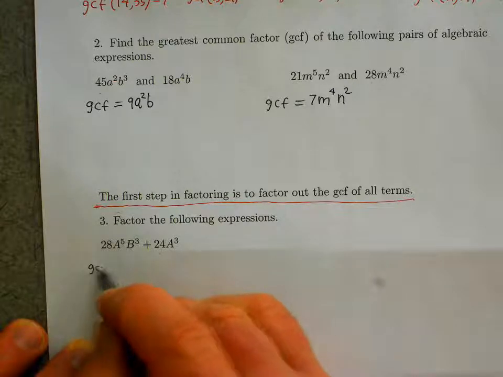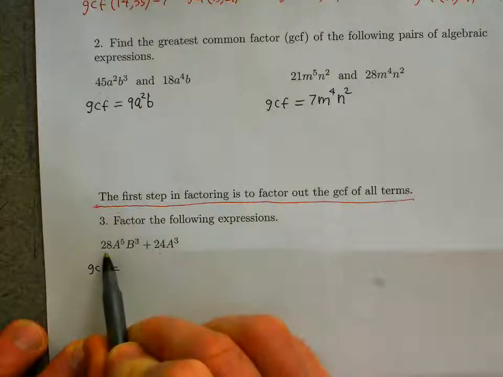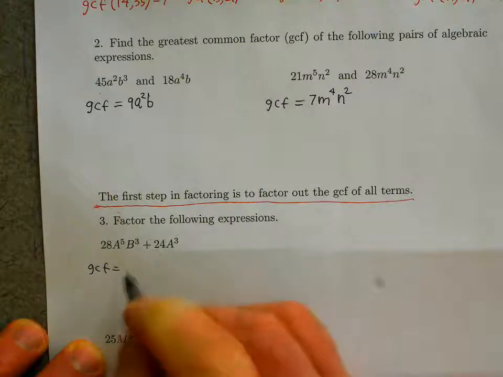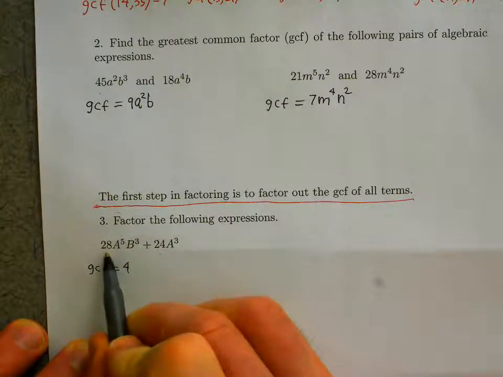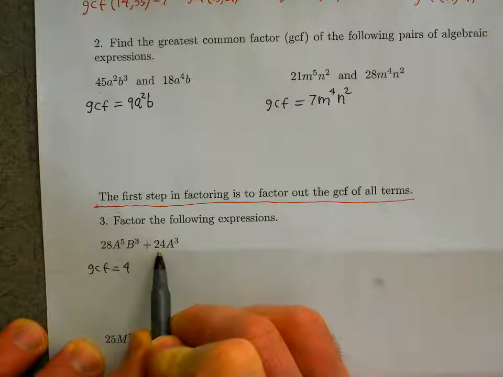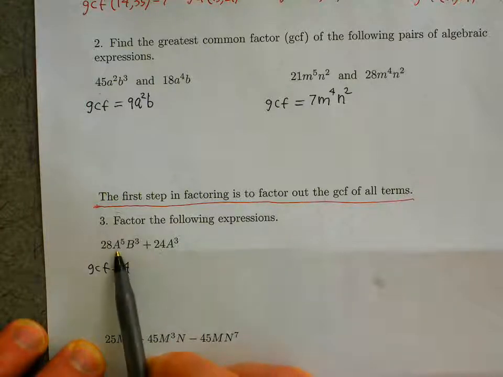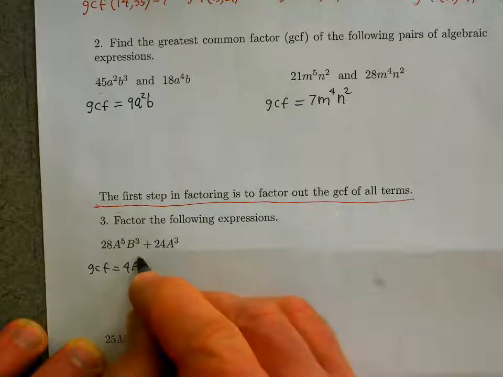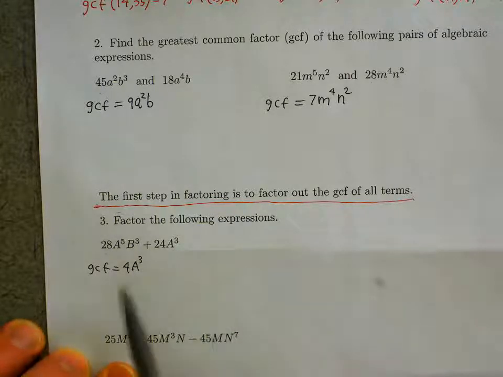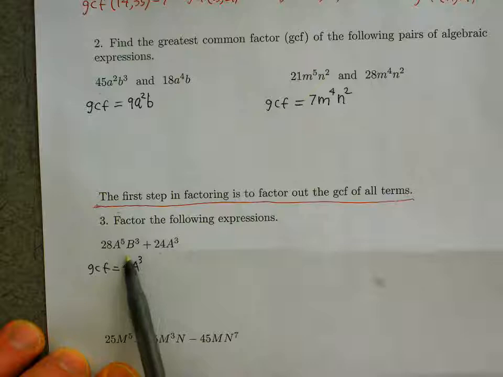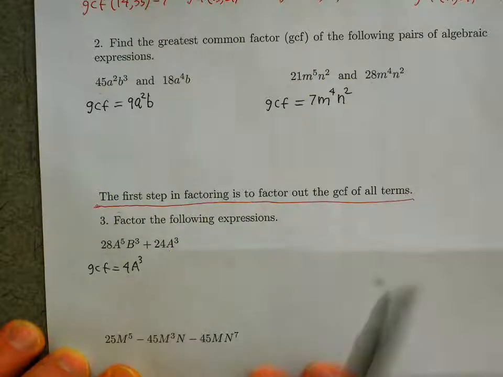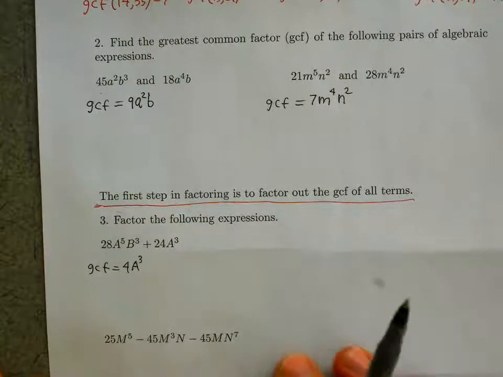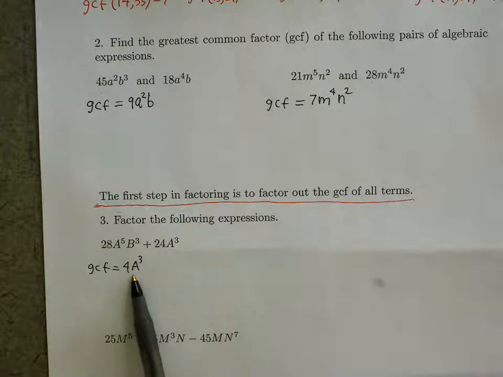So the numerical part is 4. 4 times 7 is 28, and 4 times 6 is 24. Then we compare a^5 with a^3. a^3 is a common factor of each. The term on the left has b^3, but the term on the right doesn't have any factors of b. So the greatest common factor is 4a^3.